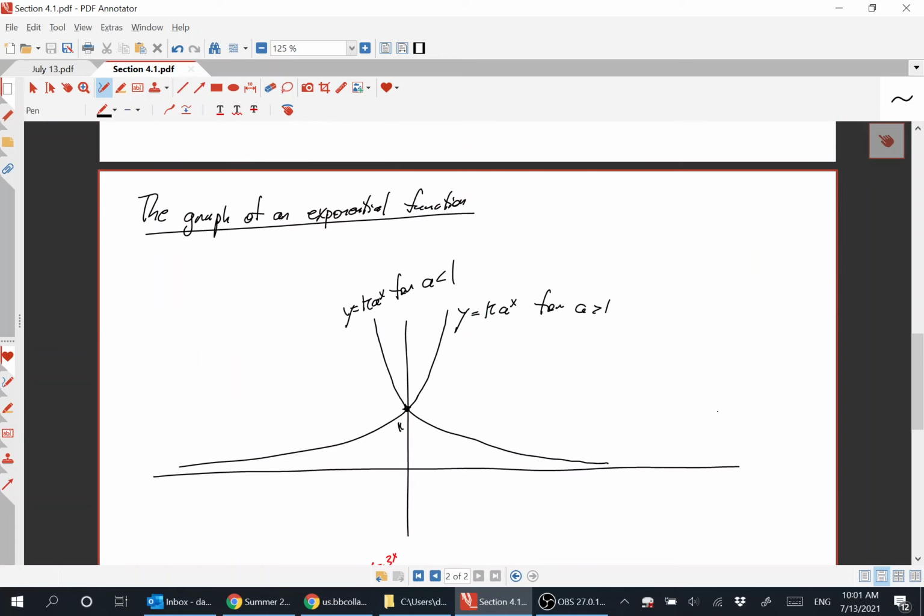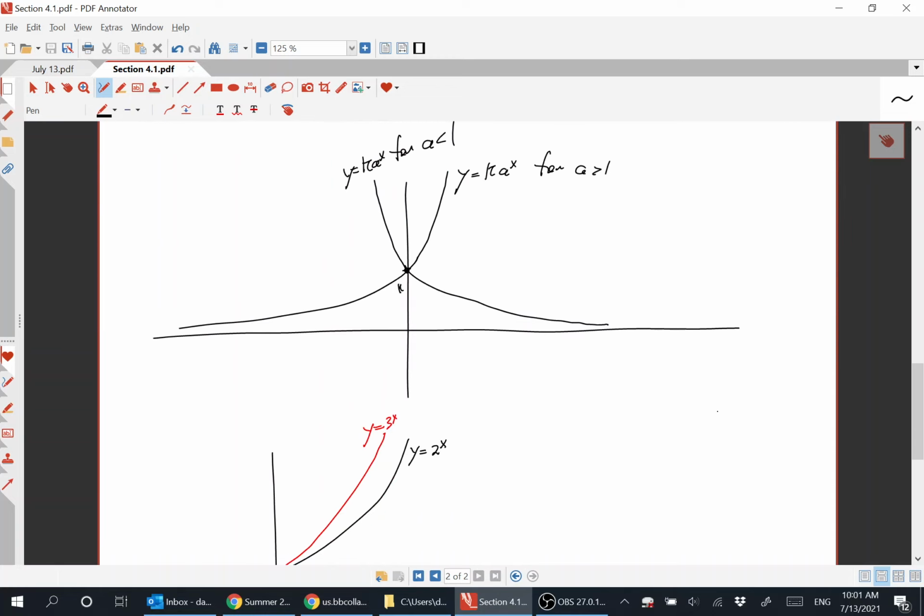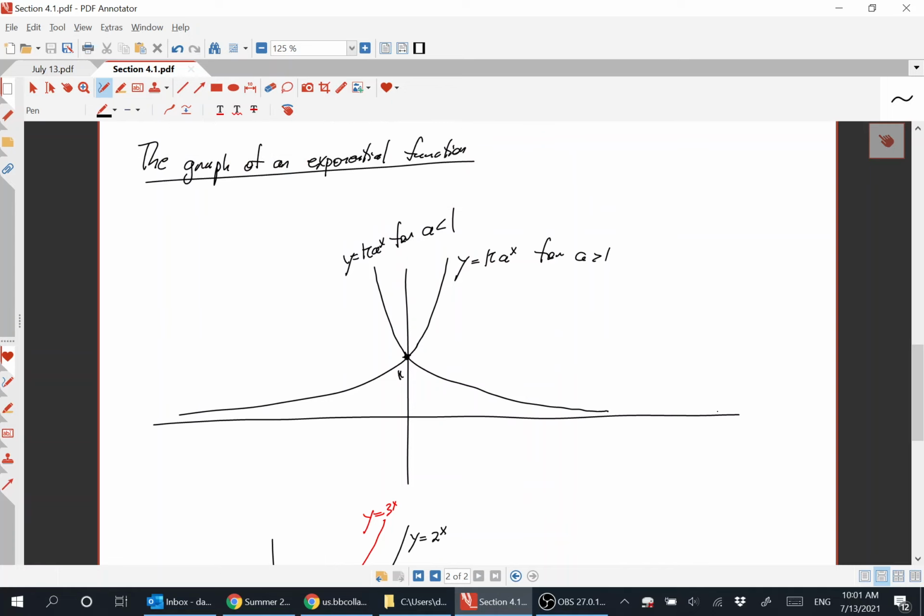And the graph of exponential functions looks like that. So y equals k a to the x. For a bigger than 1, the graph looks like this. It has a horizontal asymptote going out to negative infinity, and then it explodes upwards for x bigger than 0.